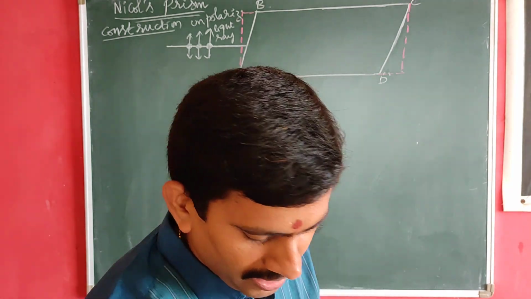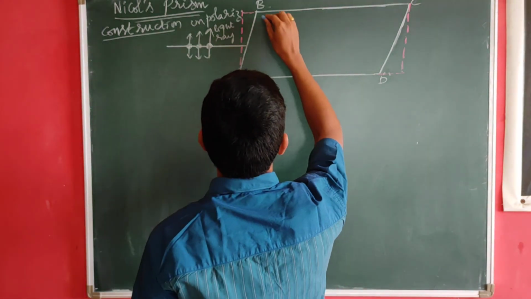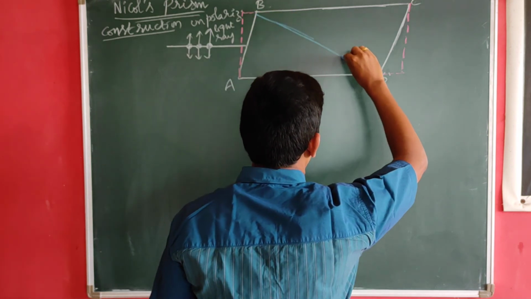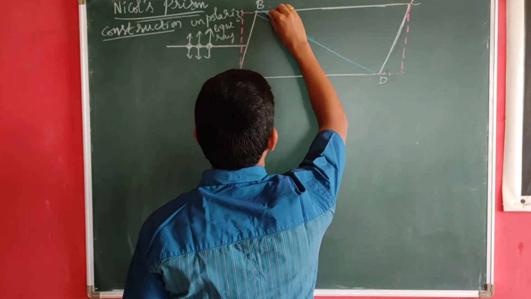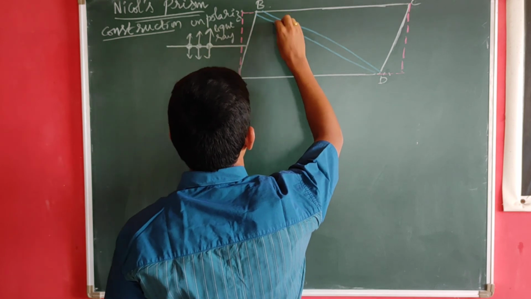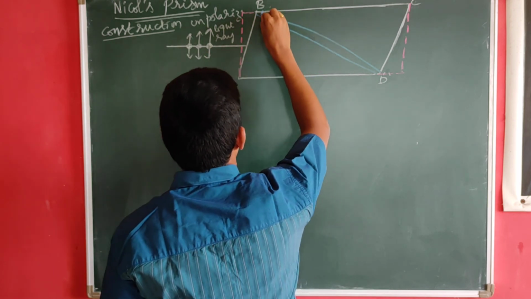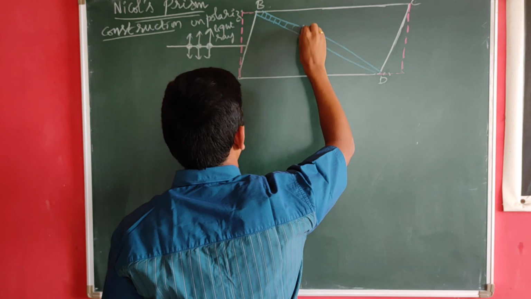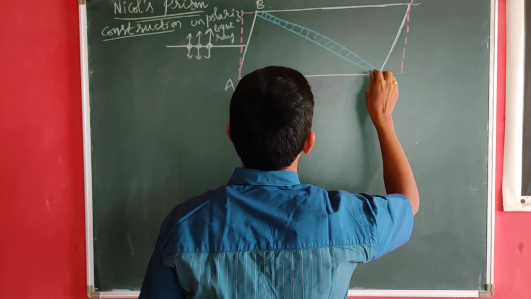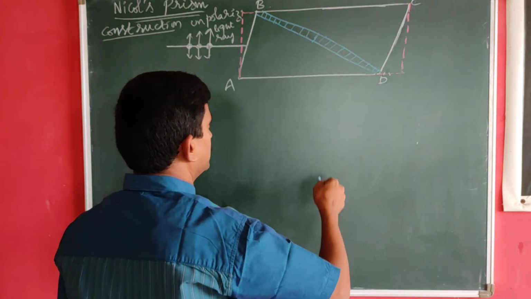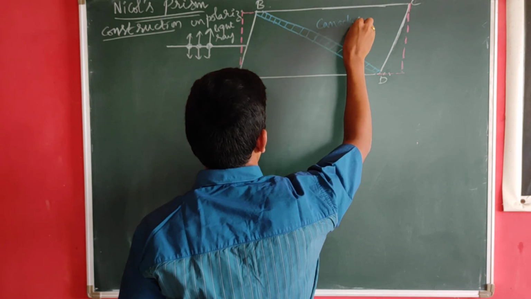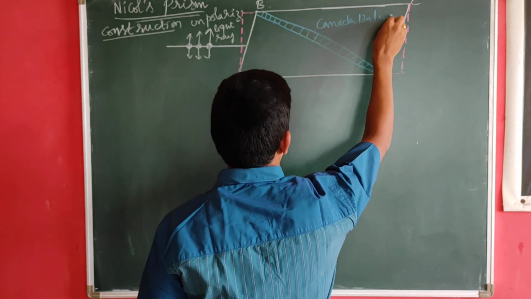We will discuss it one by one after the completion of this diagram. The blue colored lines indicate the Canada balsam layer. What is the Canada balsam layer? Why is it used? We will discuss everything. Don't bother about it now. This is the Canada balsam layer.